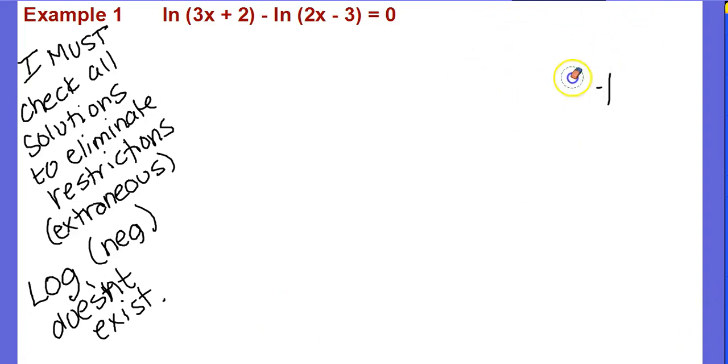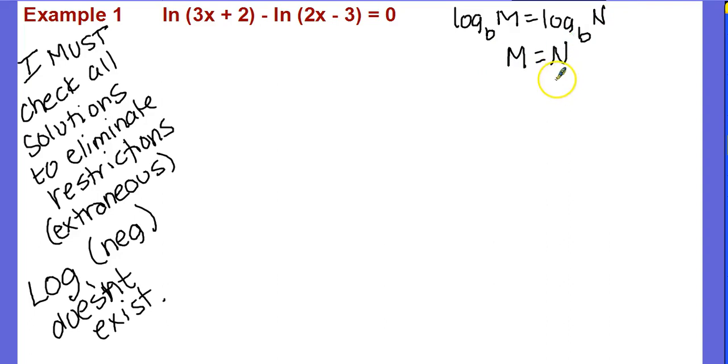Also, you always want to be on the lookout for the type of log equation that you're solving. This one's the most simple type of logarithmic equation that you can solve, because you have logs and a 0. Okay, so anytime you have the situation where you have logs and this 0, which is your non-log, but it's a 0, okay, you can apply property 8 that says if I have the log of some number, some base of m is equal to the log of some base number to the n, if logs of numbers are equal, then I can replace that with m equals n.